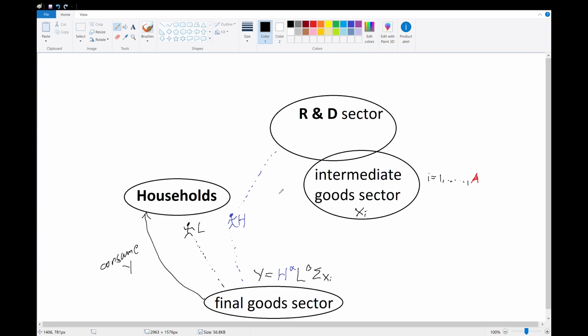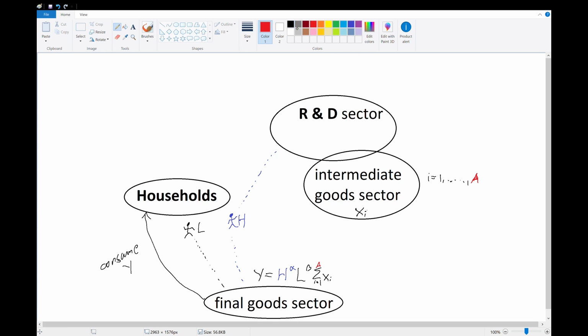All of them come from the intermediate goods sector, and all of them initially require a certain design. How many different types of machines do we have? Well, that's exactly what is running from i equals 1 up to whatever is the knowledge stock of the economy, so that's up to A.